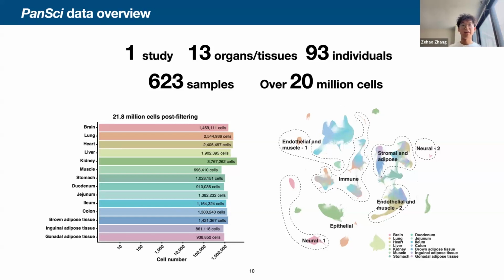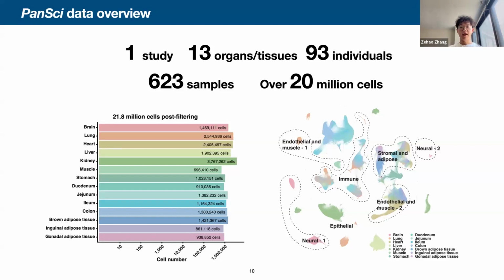And here I'm showing you the cell number for each individual organ and our initial clustering result of all the wild type cells. You can see clearly that cells from the different lineages normally cluster together.